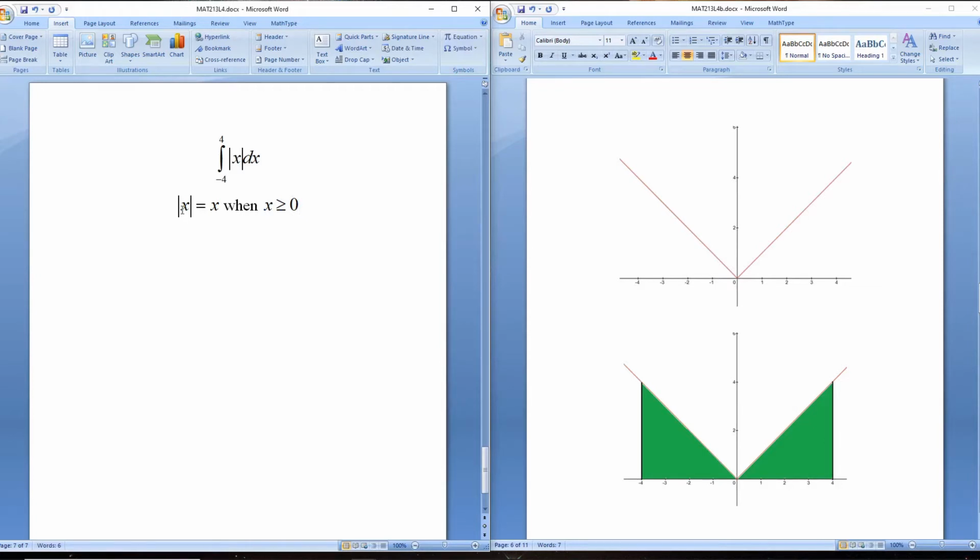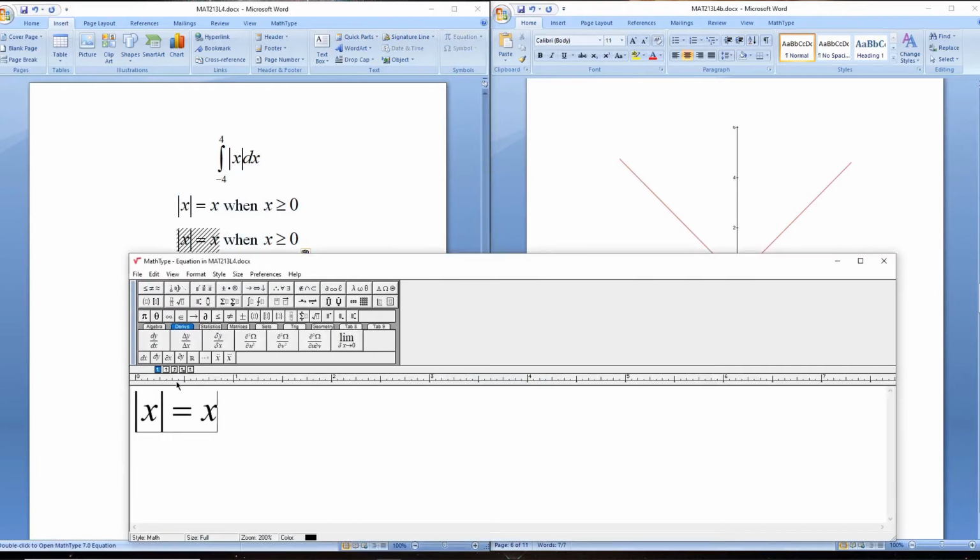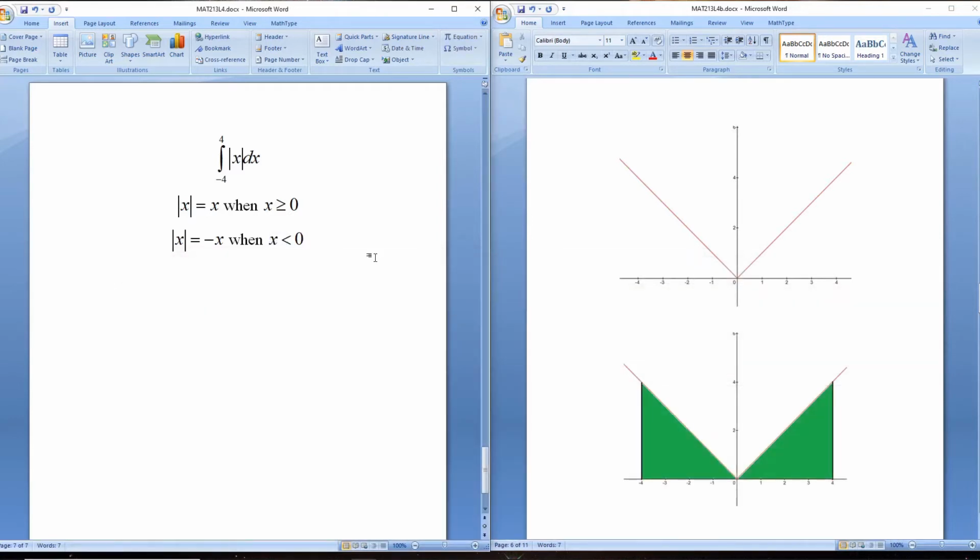So the absolute value of x, we can say simply equals x when we're dealing with 0 and positive numbers. And then we can say the absolute value equals minus x when x is less than 0.